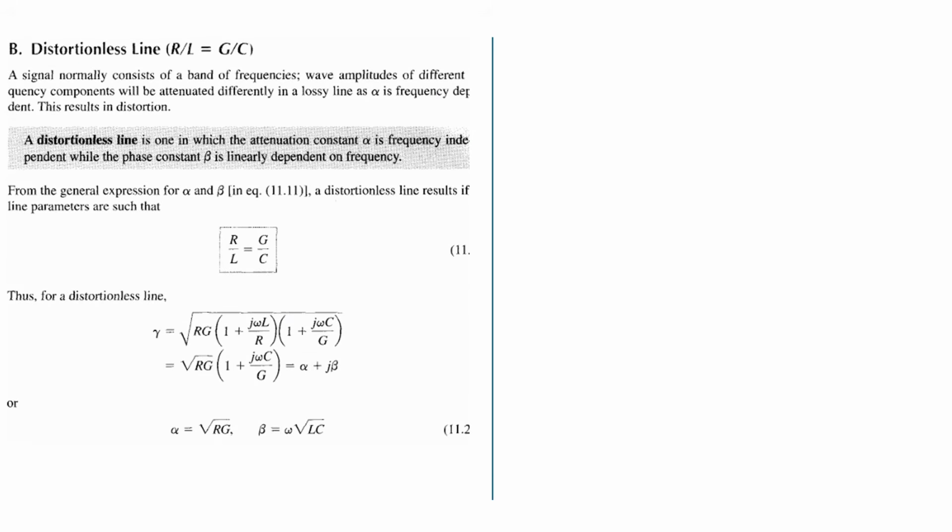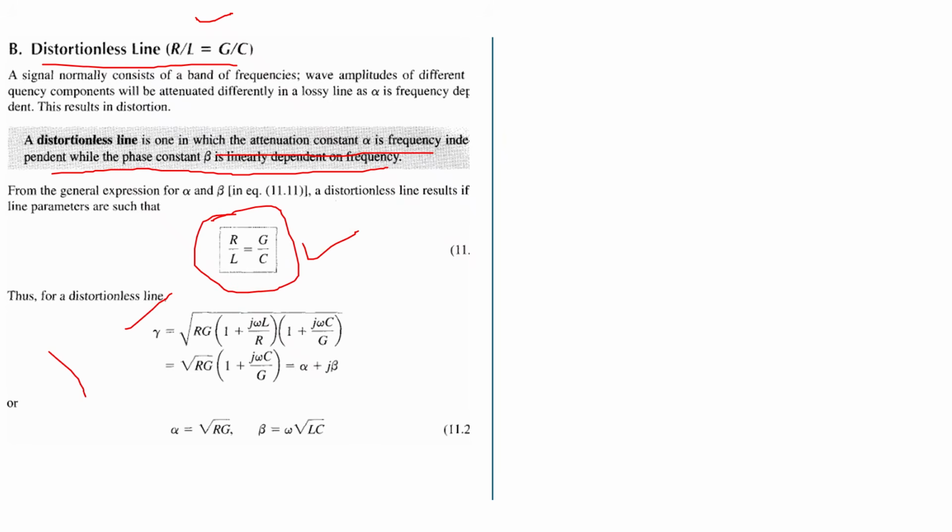Similarly, there is another case that is called distortionless, for which R by L is equal to G by C. Distortionless is one in which the attenuation constant is frequency independent, while the phase constant beta is linearly dependent on the frequency. The condition is R by L equal to G by C. So again, use the same equations. Always remember, we are using the same equation, that is gamma equal to square root of (R plus j omega L) into (G plus j omega C).